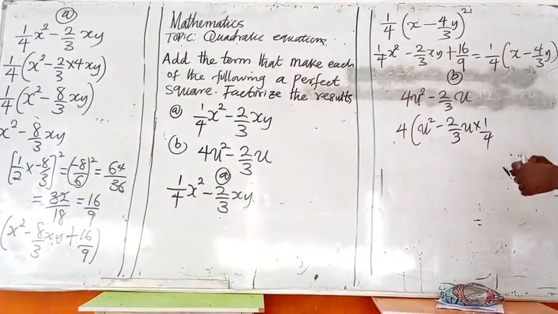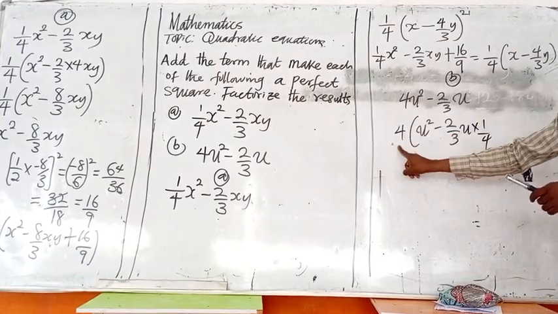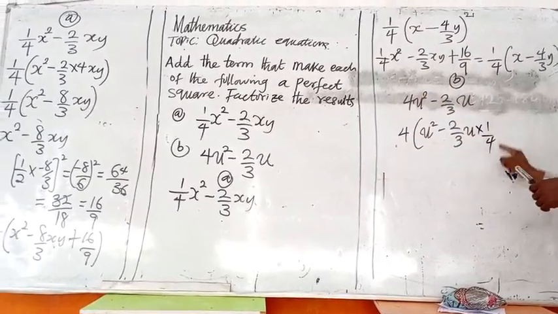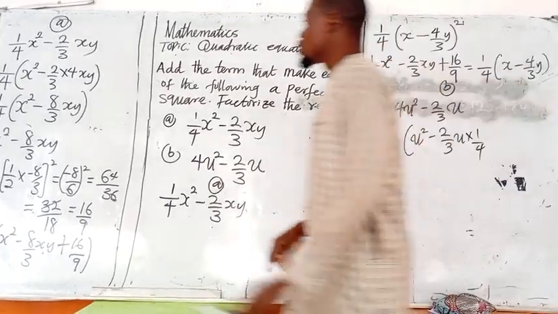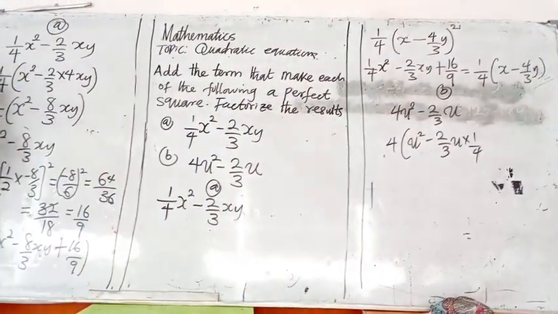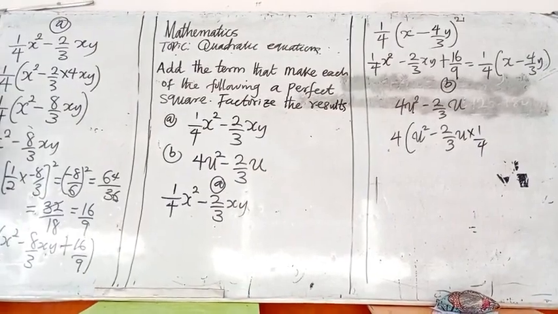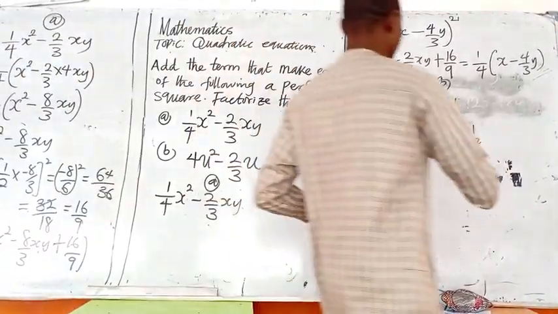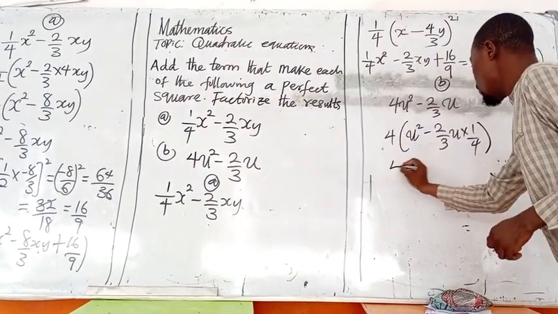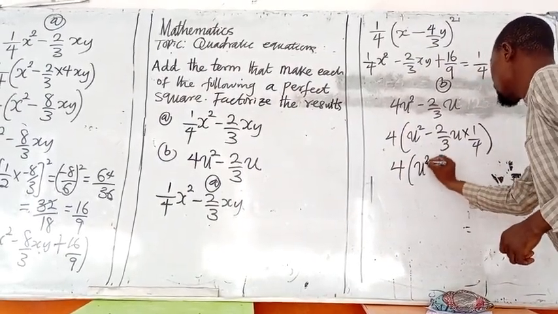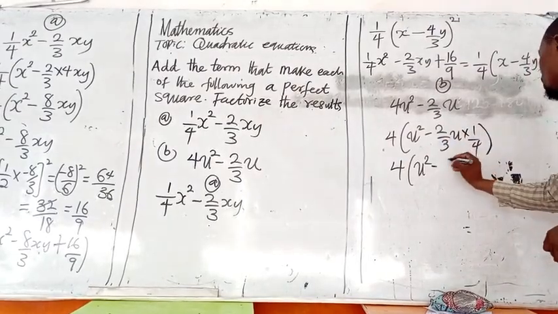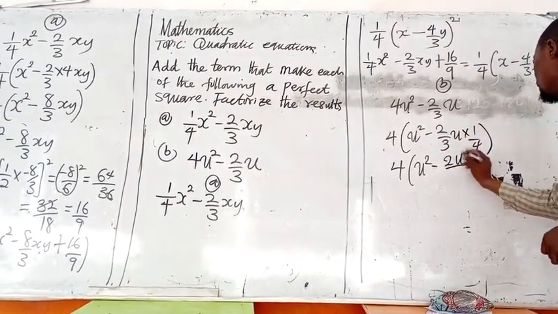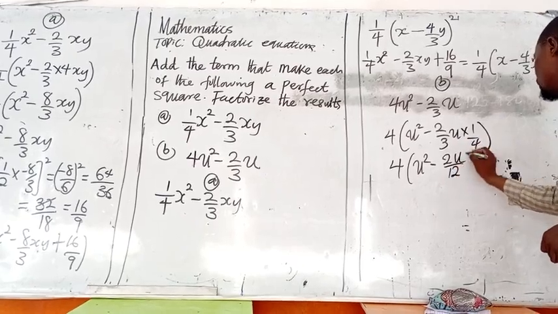I'll explain it again. The coefficient I removed is 4. It's not over, which means I'll multiply by 1 over 4. But here it is 1 over 4, so I'll multiply by only 4. So here we are going to have 4 open bracket u squared minus 2 times 1, we have 2u, all over 3 times 4, we have 12.